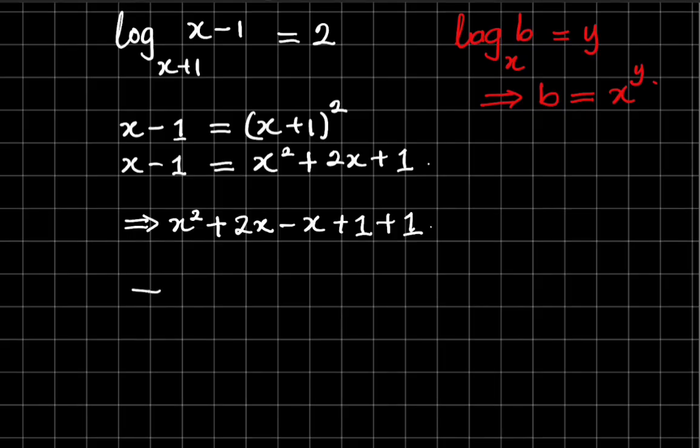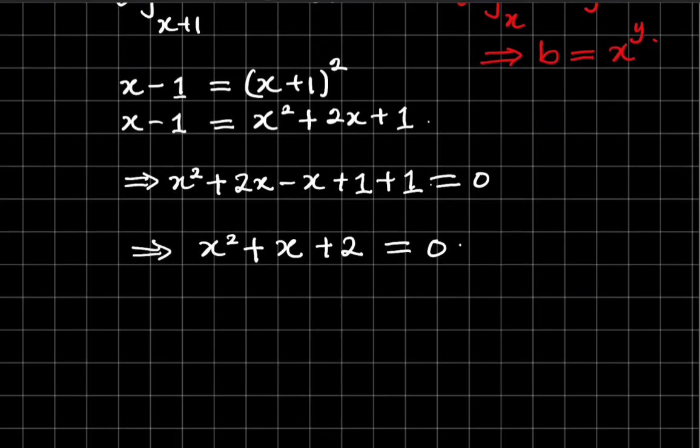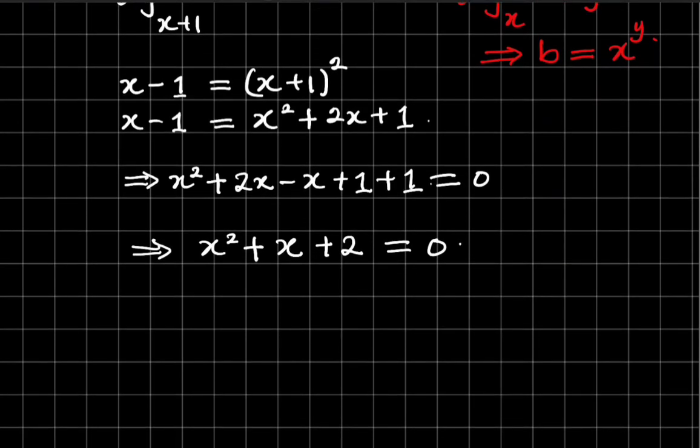So our quadratic equation will now be x squared plus 2x minus x, that will be x plus 2. Don't forget it's going to be equal to 0. So here is the quadratic equation we can solve to get the value of x. But from the look of it, it's not factorizable.